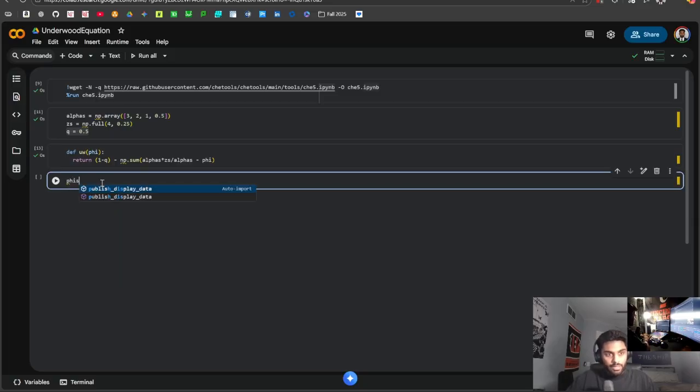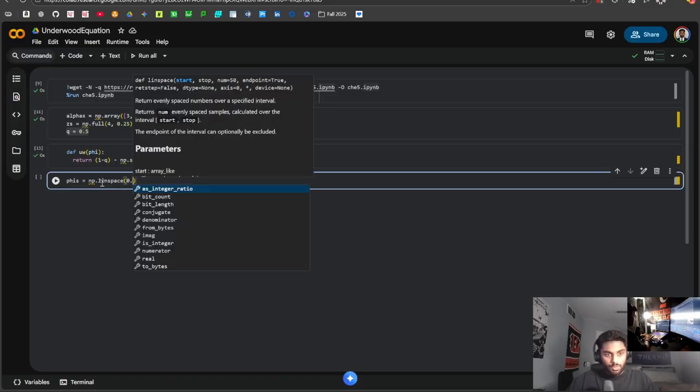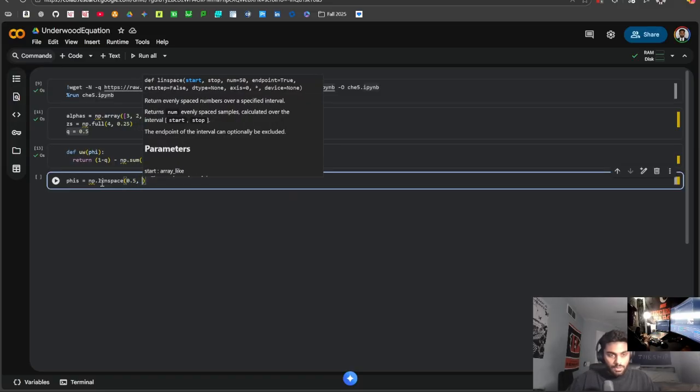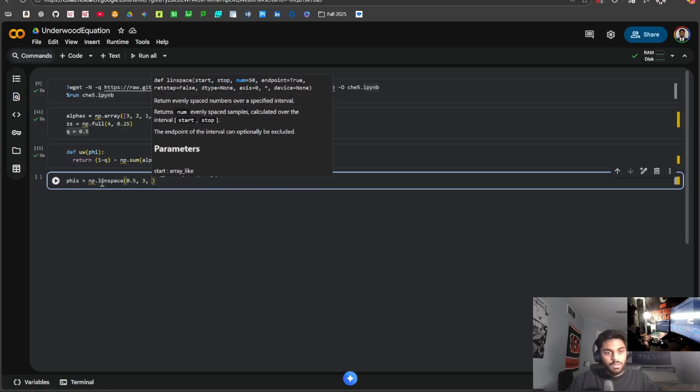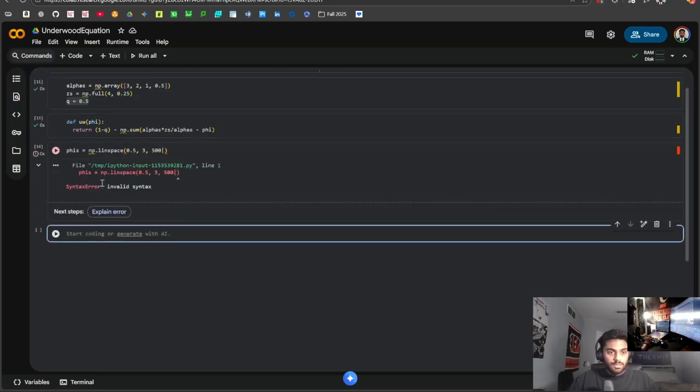So phi's are equal to np.linspace between 0.5 and, let's say, 3. Yeah, I think that might work. And I'm going to give it like 500 spaces.